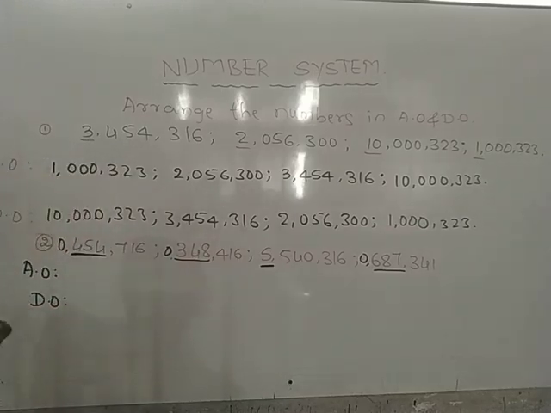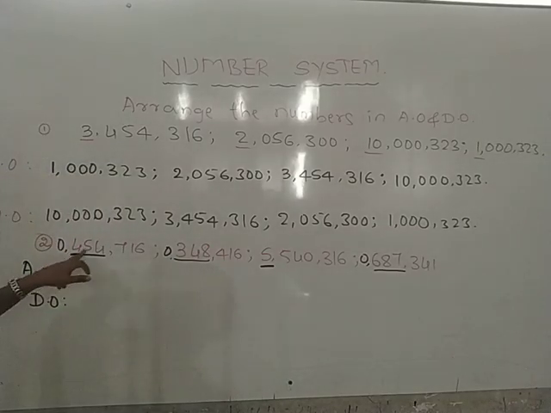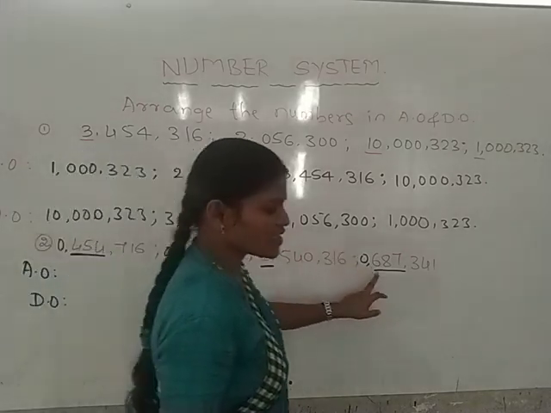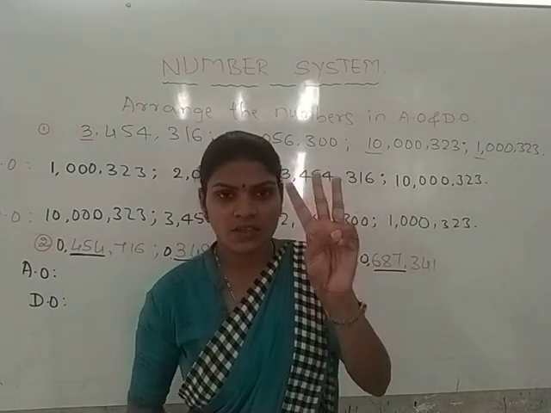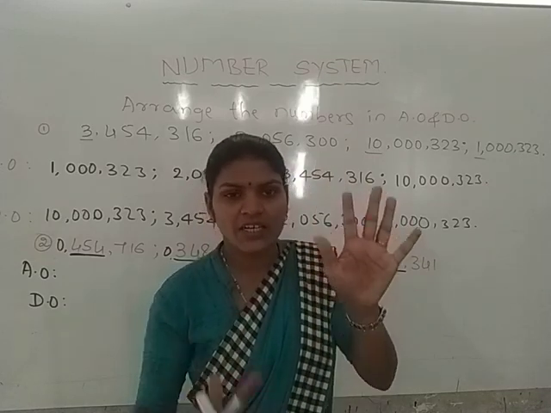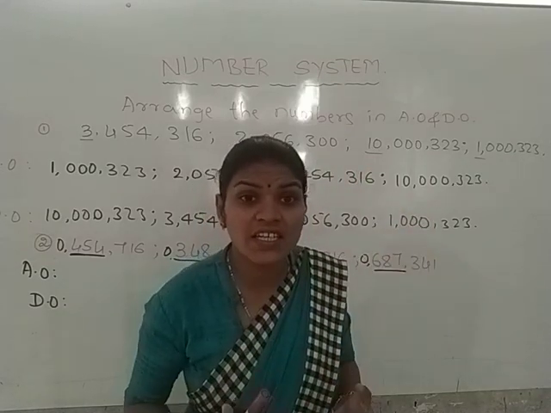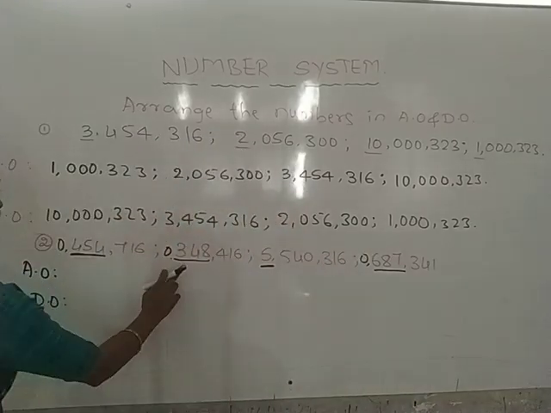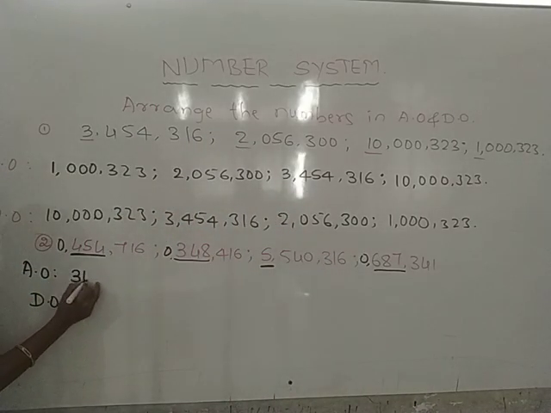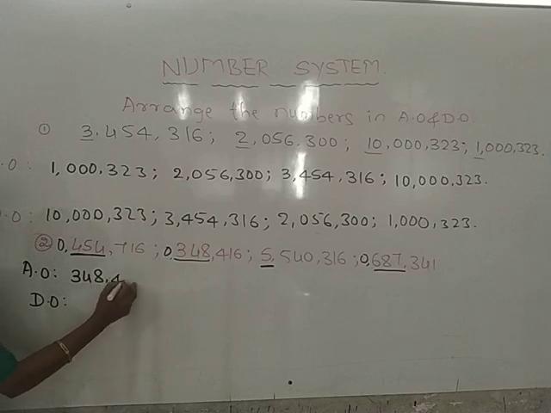Okay. Now, in between 400, 300, 600,000, which one is the least? In between 300, 400, 600, which one is the least? Very good. 300 is least. So here the number 348,416 is the least number.